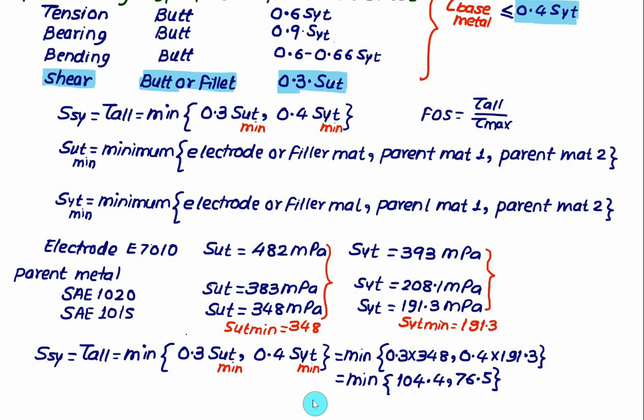In that case, we take tau allowable equal to the minimum of these two values, which is 76.5 megapascal. So in this fashion, the calculations are done in the industry. As far as the GATE exam is concerned, they will give you the value of tau allowable directly.